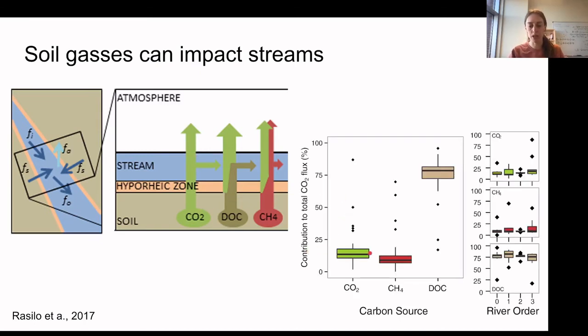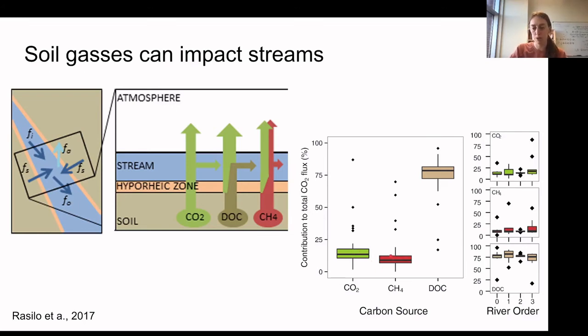So what they found, looking at these different terrestrial carbon sources, is the percent of total CO2 flux from the stream surface to the atmosphere. They found that CO2 sourced from the soil environments to the stream contributed between 15 and 20% of total CO2 flux, and methane contributed about 10%.